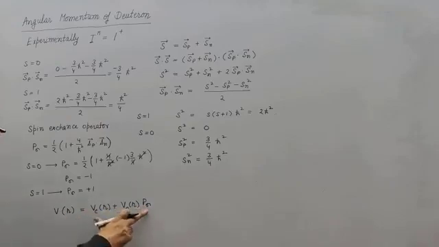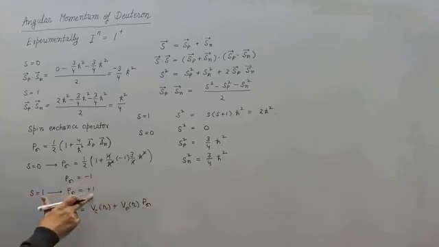When spin S equal to 0 is considered, its value will be minus 1 here, so the depth of the potential well will decrease. While when P sigma has a plus value, the depth of the potential well will increase. So in this way, we have constructed the spin dependent part of the central potential.